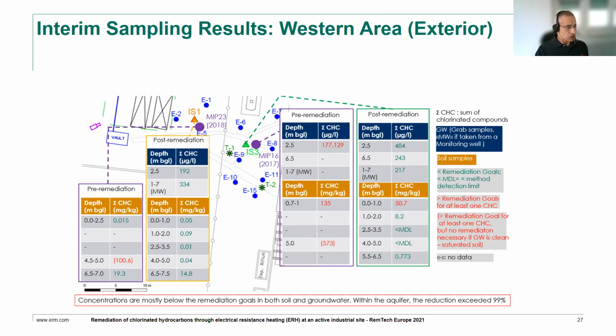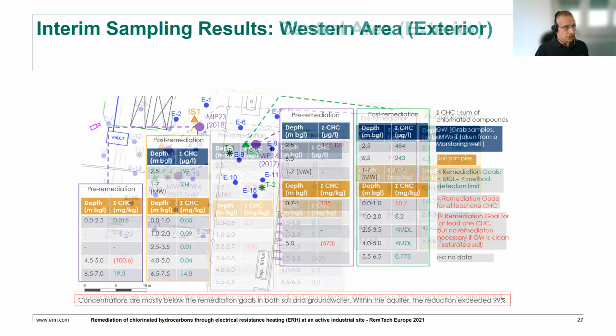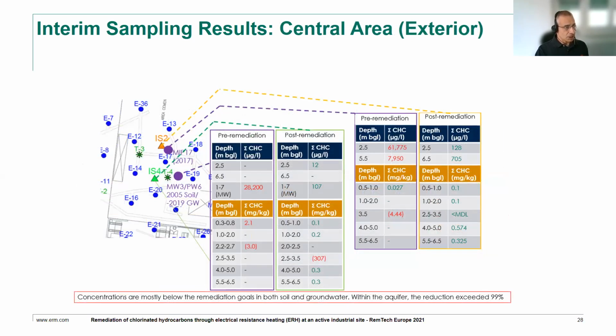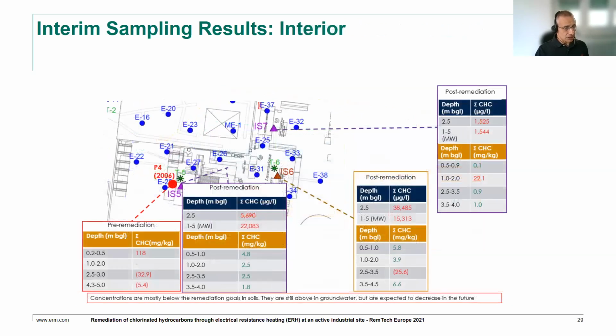But also in soil and groundwater, we had at several points a very significant decrease. Even if at some locations we weren't able to reach the very low required concentrations that are set as targets.